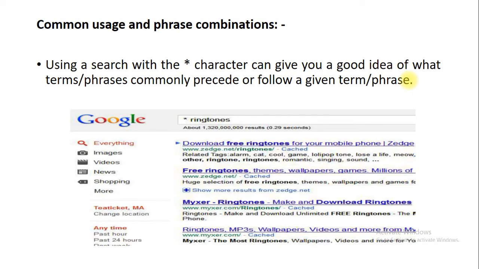Next is called common usage and phrase combination. When you use a search with an asterisk character, it gives you a good idea of what terms or phrases commonly precede or follow a given search term or search phrase. That means when you apply a star with a particular search term, say ringtone as a keyword, you get some other keyword included with ringtone.